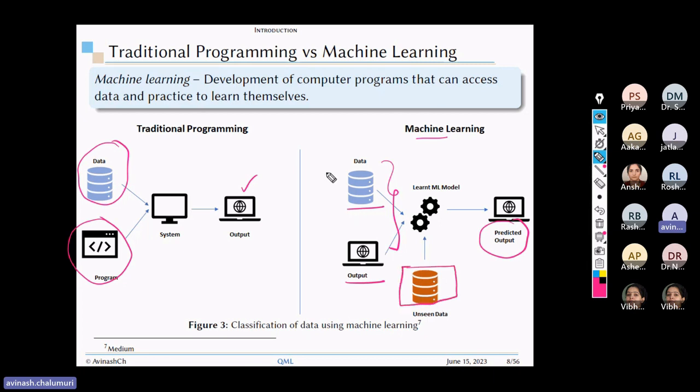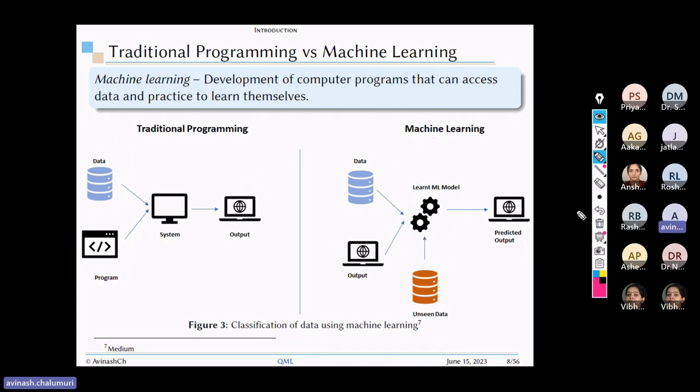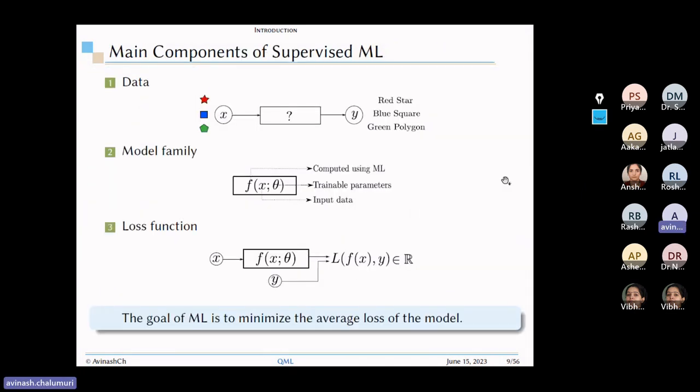This is specific to supervised machine learning, where you have data along with the output fed together into the machine learning model, and the model learns from the data and you get the predicted output on the unseen data. So this is a pretty obvious thing. Now these are the three main components: data, model family, and loss function.